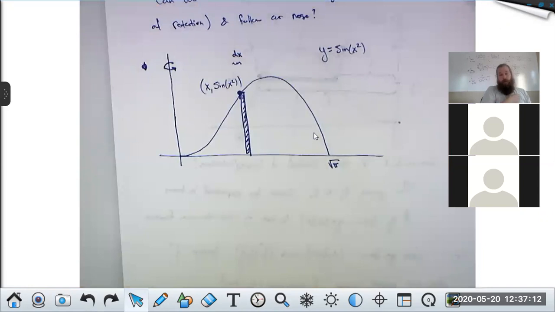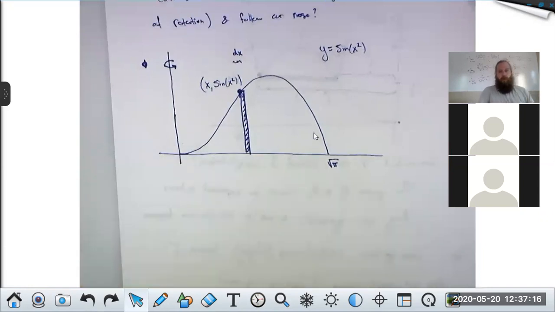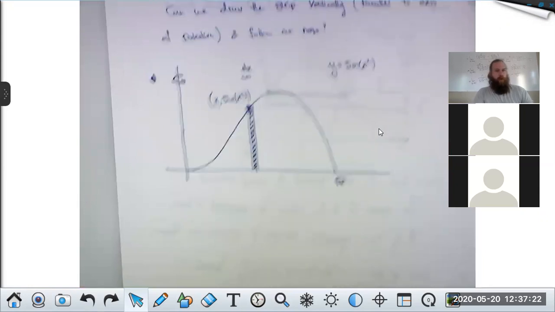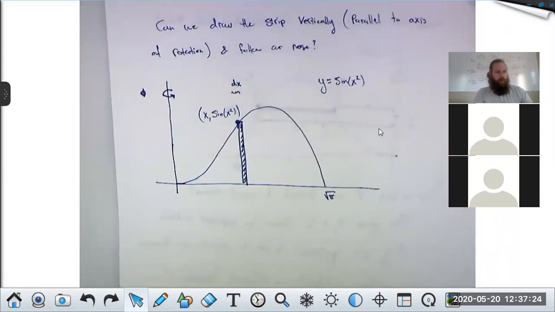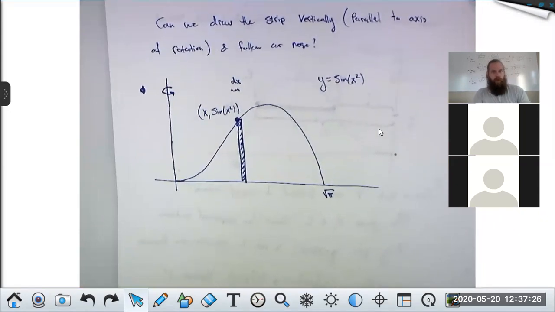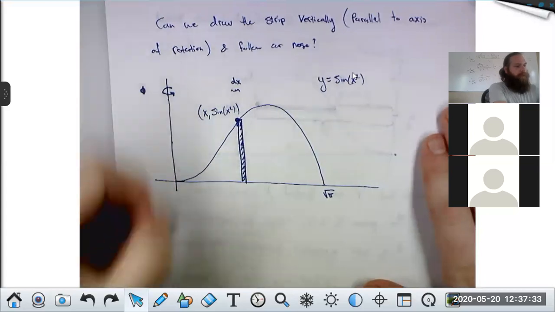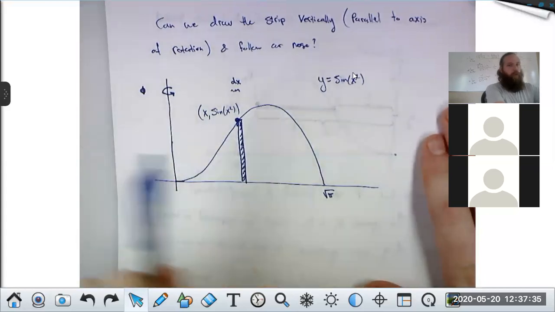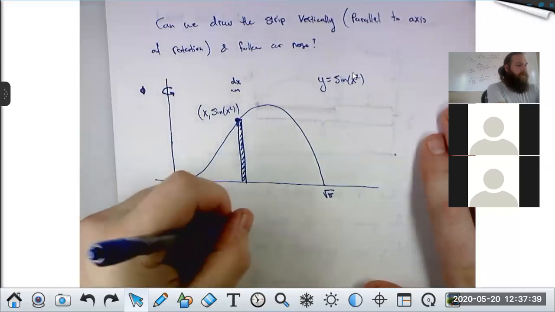But if you rotate that strip about this axis, which normally would generate our differential disk or washer, here it's going to generate a different shape. If I rotate just that strip about this axis, you imagine it, I'm going to get a little cylinder.